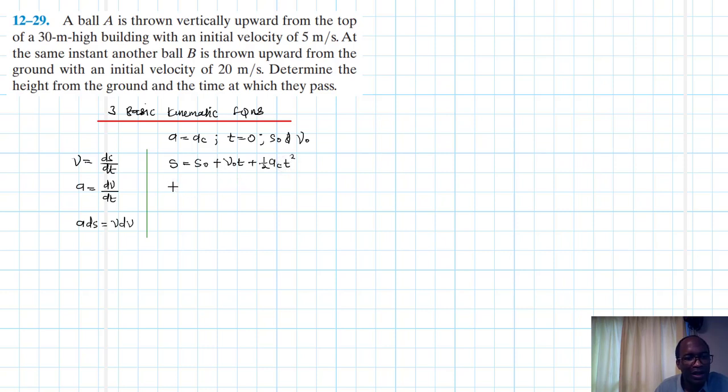Then another one, v is equal to v naught plus a_c t. Then v squared is equal to v naught squared plus 2 a_c times (s minus s naught). Again, we just wanted to remind ourselves of these equations.